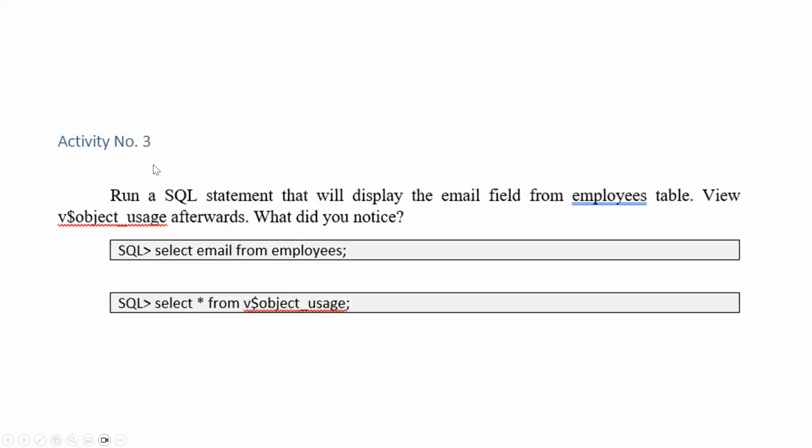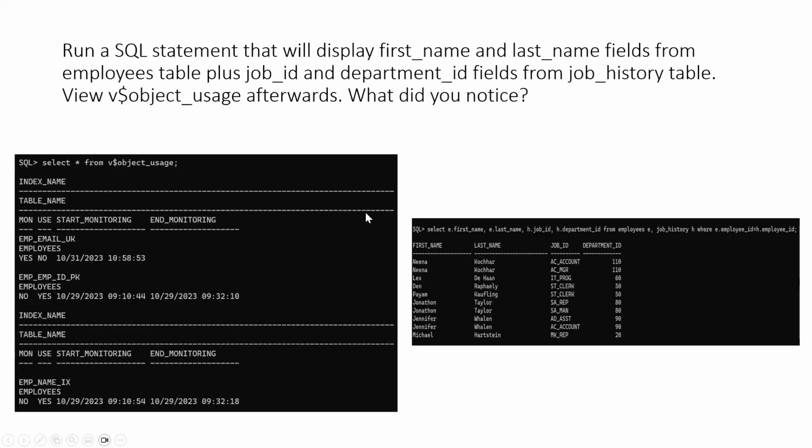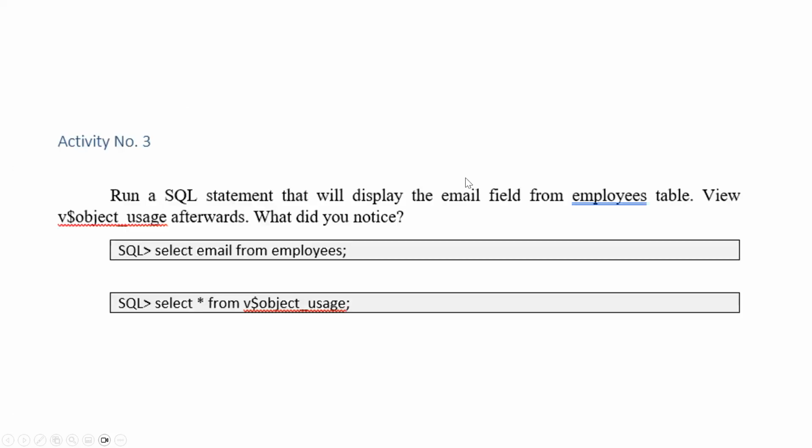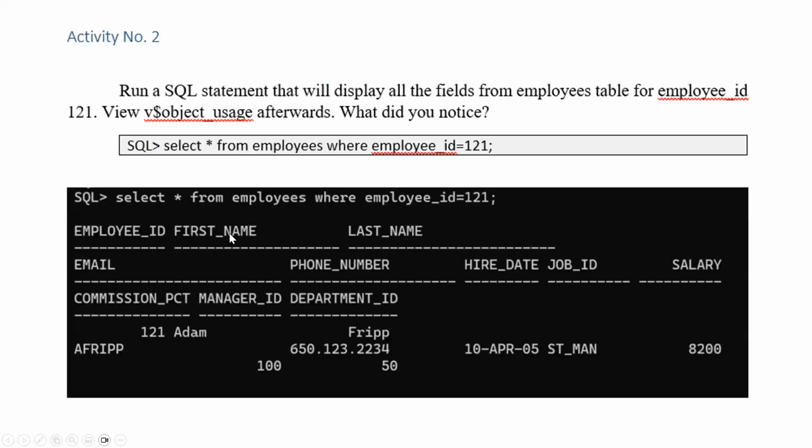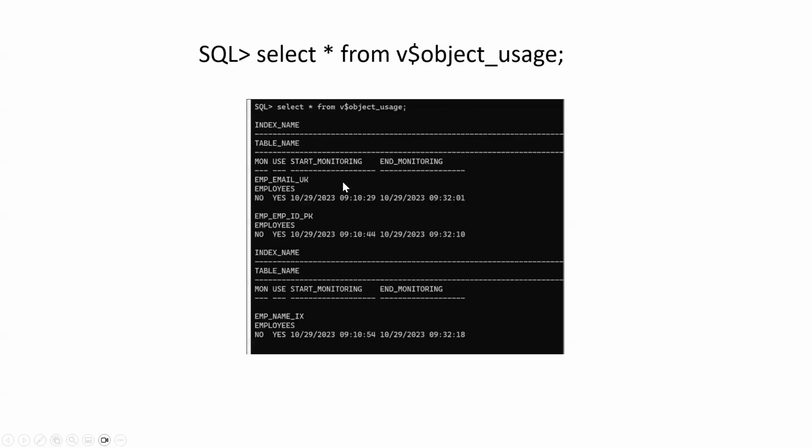And activity 3: run a SQL statement that will display the employee field from the employees table, then view V$OBJECT_USAGE after it. And what did you notice? Do this activity and then see the difference. You will get the query result and then the usage.